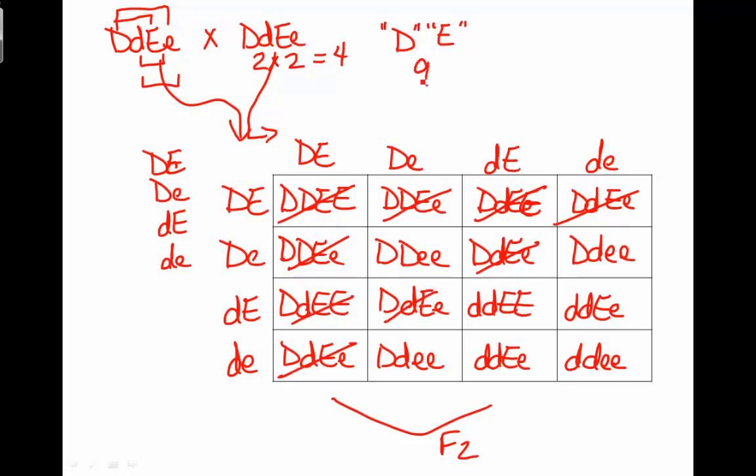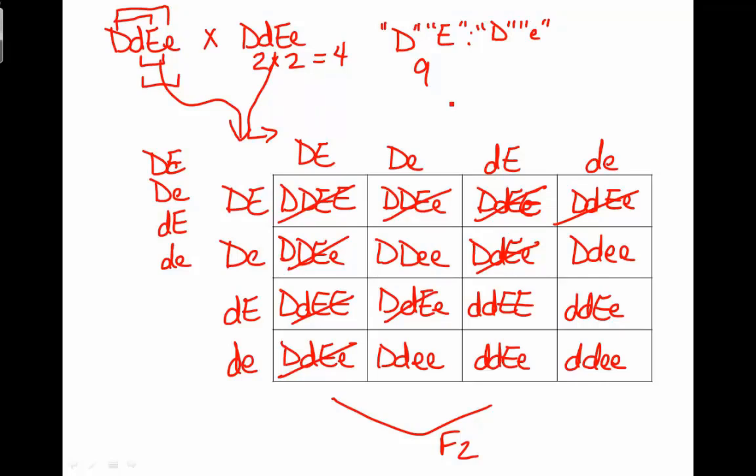Notice that all of those boxes that I crossed off have at least one capital D and at least one capital E. All of those are going to look exactly the same, even though they do have some different genotypes involved there. Now, if we list another possible phenotype, we could get the big D look combined with the little e look.